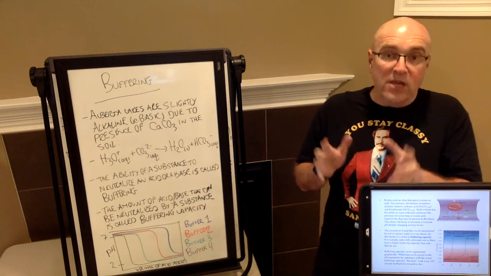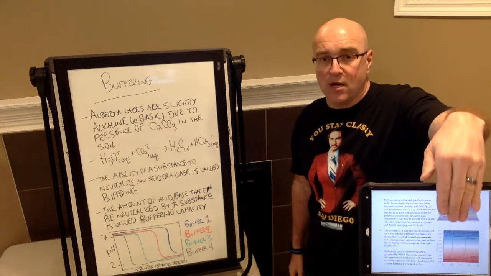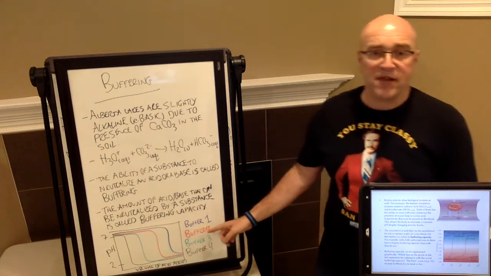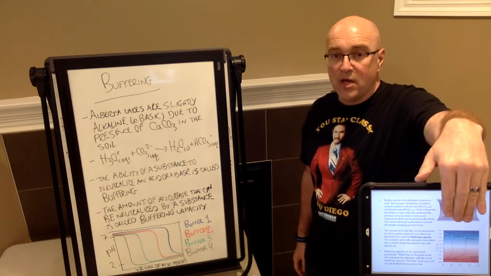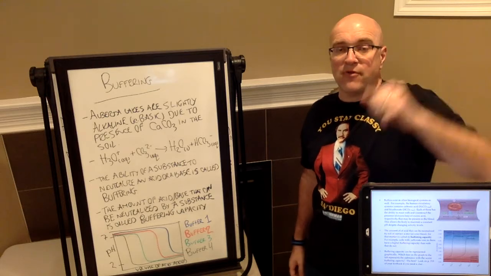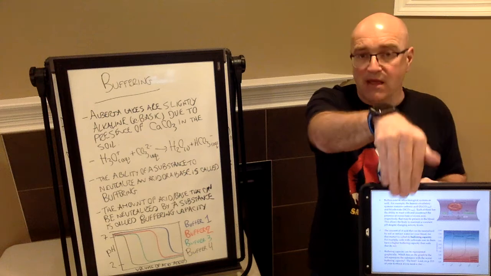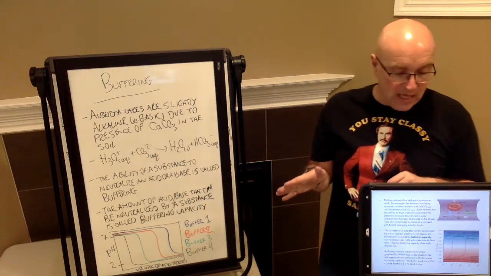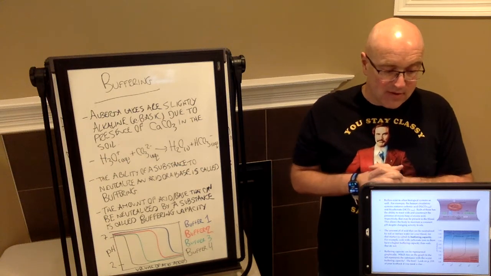But when you discuss buffering capacity, there's a graph here in the notes, and I've also drawn the opposite graph here on my whiteboard. The one in the notes is referring to a buffer that is resisting the addition of a base. You can see that the pH starts off at roughly 5 in this solution.